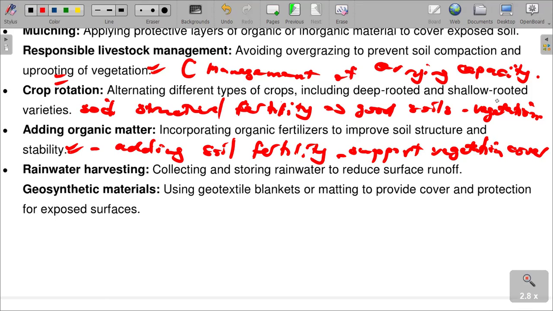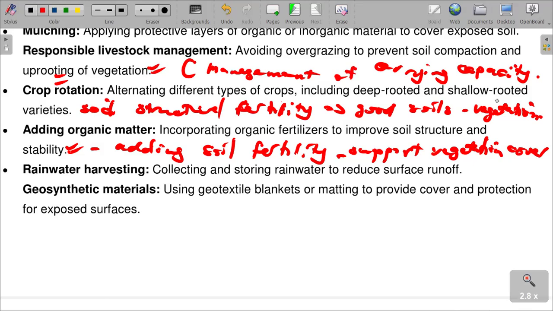And then rainwater harvesting. Lately, we have collecting systems and mechanisms which store rainwater to reduce surface runoff, for example in urban areas, or where we have large structures or buildings where water can be harvested from building tops and roofs and so forth.